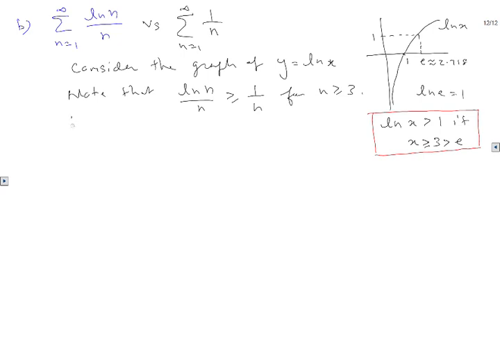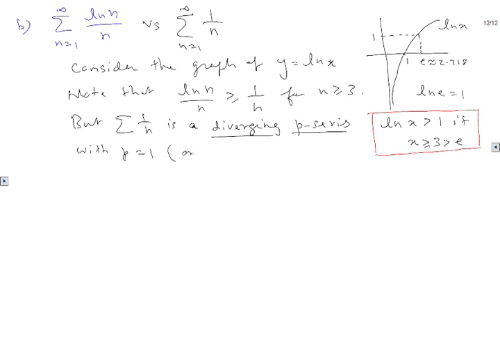But the series sigma 1 over n is a diverging p series with p equal to 1. Or you can say that this is the harmonic series, because we know that the harmonic series is diverging. That's another way to say it.